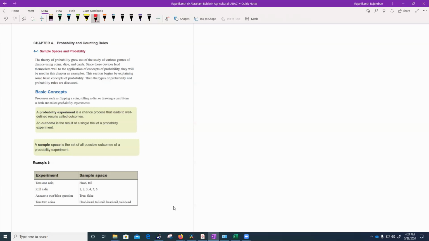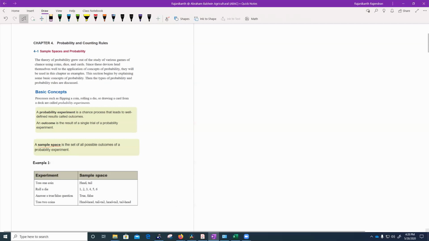We may get any number out of six. If you collect all the possible outcomes for the probability experiment, that is called the sample space. The sample space is nothing but collecting all the results for the probability experiment.